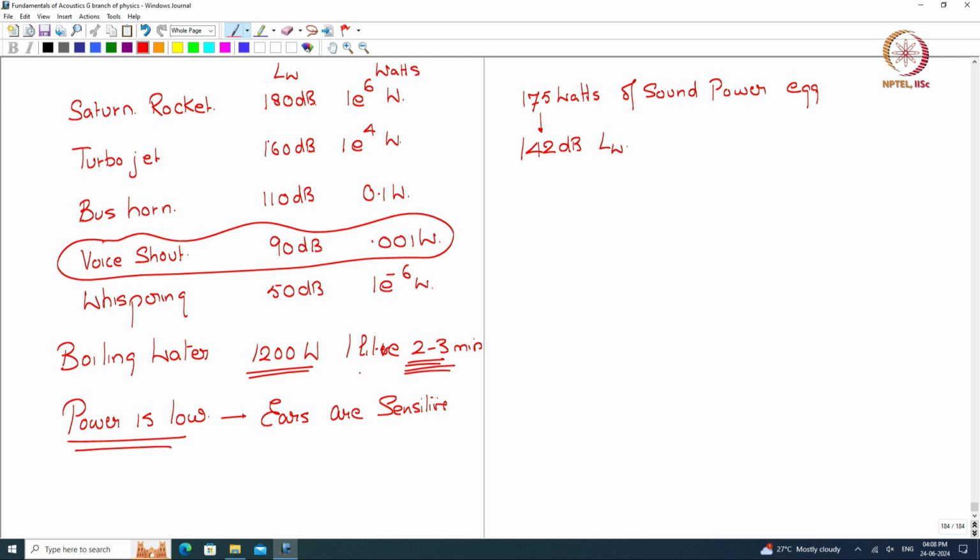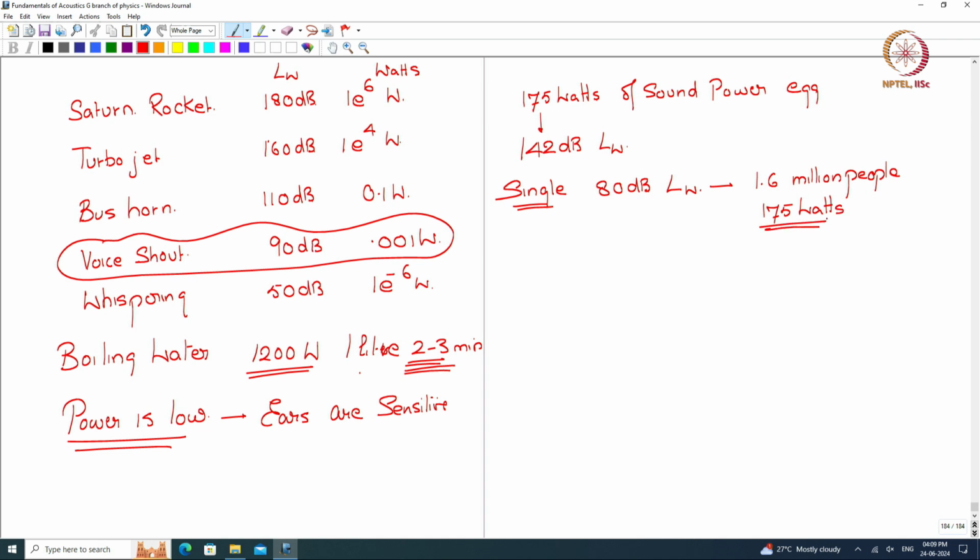And if a single person can deliver 80 decibels, which is quite high, of LW, sound power level, I keep writing LW because sound pressure level has the initials SPL, so let me say LW, then this requires about 1.6 million people to deliver 175 watts.